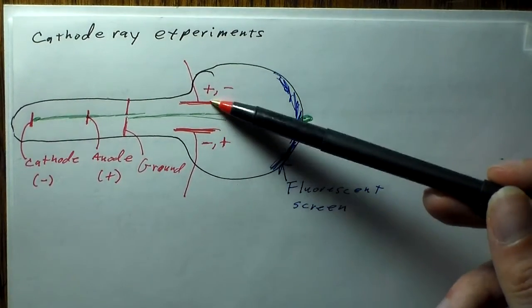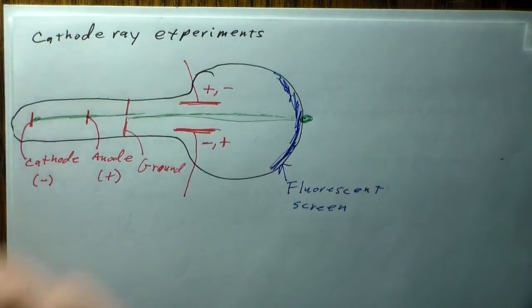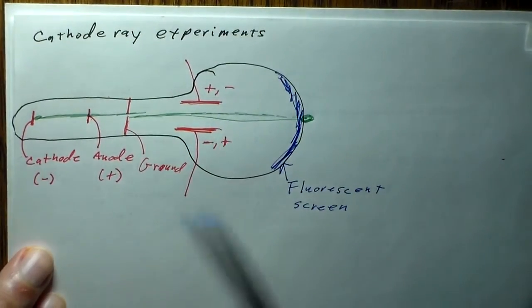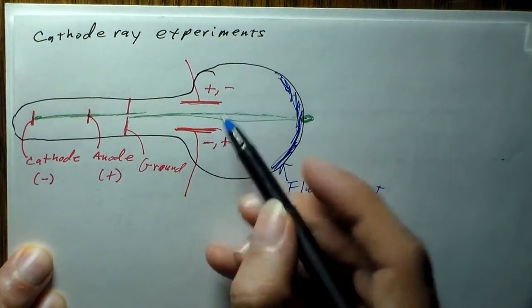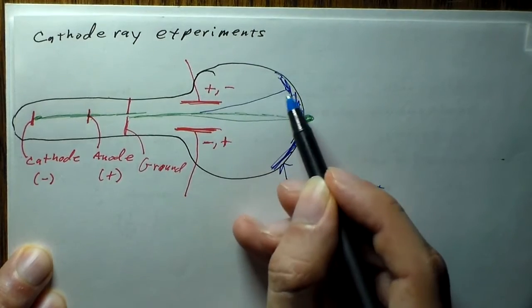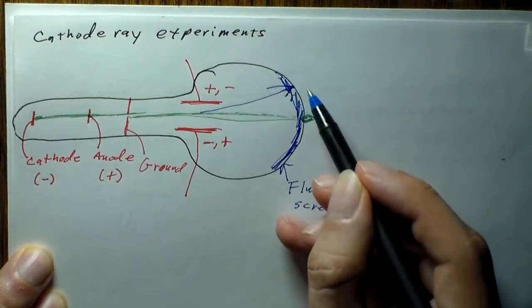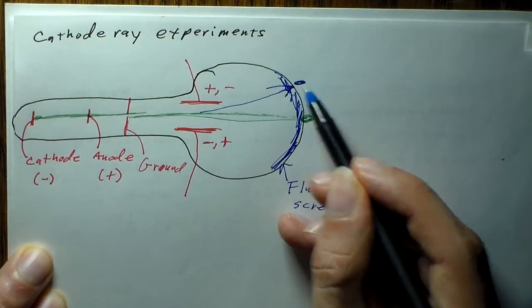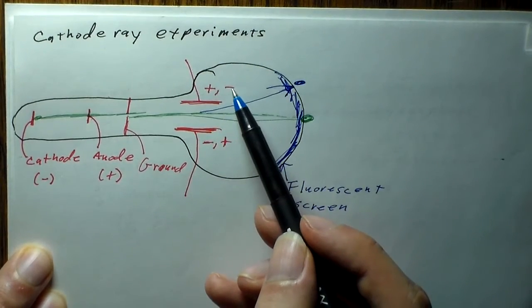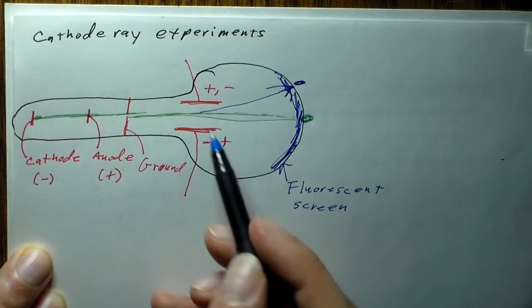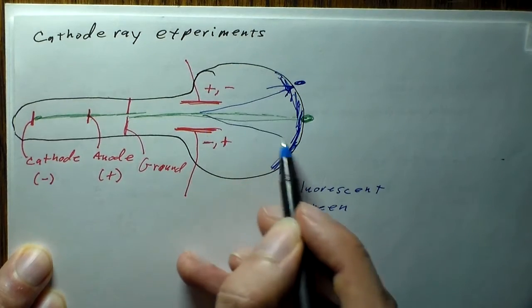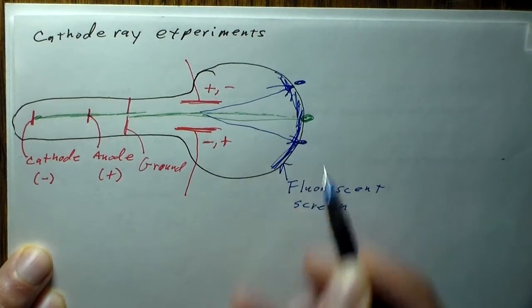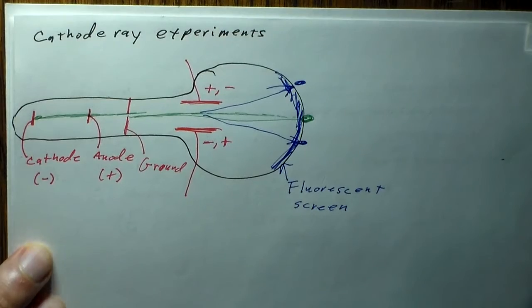And then when he applied this electrical field, well then if it was positive over here, remember electrons are attracted to positive things, well then the beam would be deflected up this way a little bit. So then you would see a dot over here, and then if you switched it around, so the beam was negative on this side, positive over here, well then it would be deflected equal and opposite down to this point. Okay, so that's what would happen if you did electrical deflection.